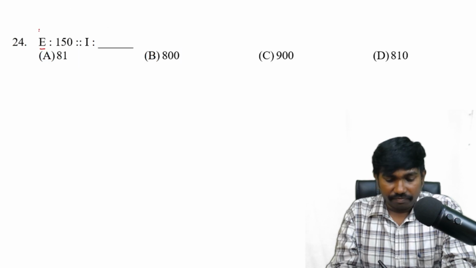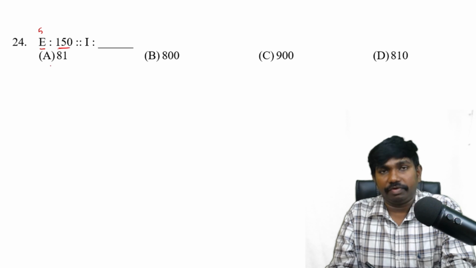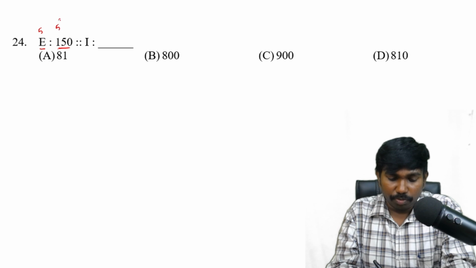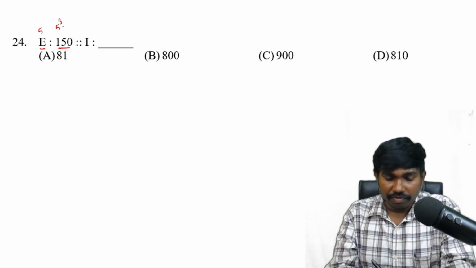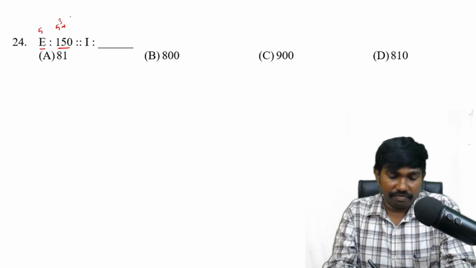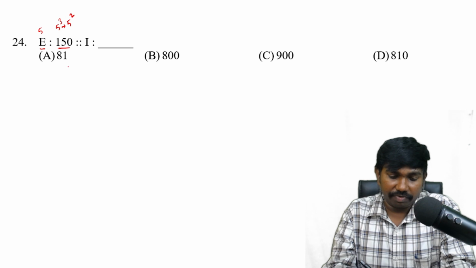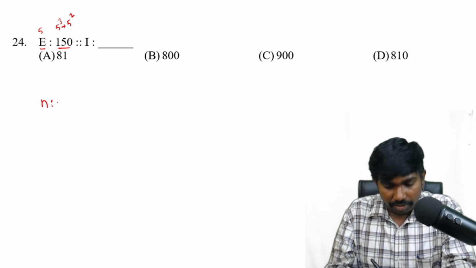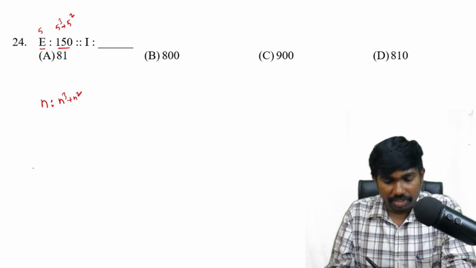E is 5, but it is 150. I think nearby some special number, that is cube. 5 cube is 125. 125 plus how much is 150? 25. Again, 25 is a special number, that is nothing but 5 square. So 5 cube plus 5 square. If this number is n, the second number is n cube plus n square.